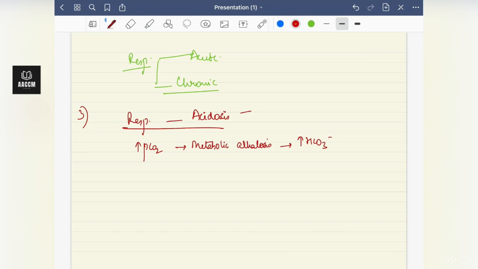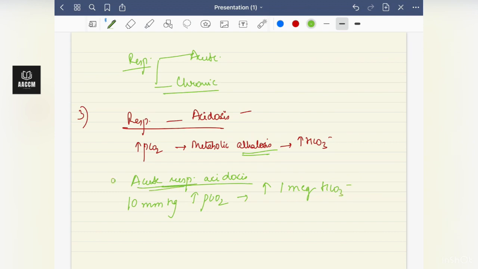Okay. So for acute respiratory acidosis, for every 10 millimeter increase in PCO2 levels, we have to see the expected change in the bicarbonate. The bicarbonate levels should increase, for the alkalotic compensation to happen, by 1 milliequivalent in an acute event.